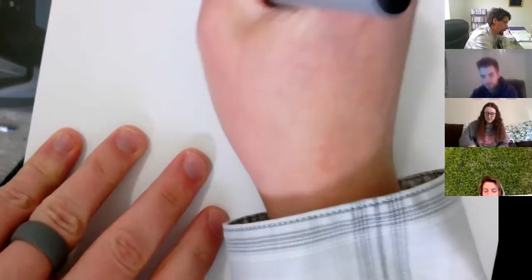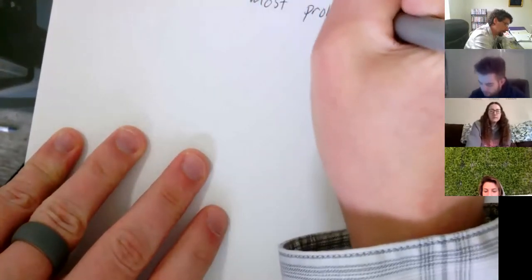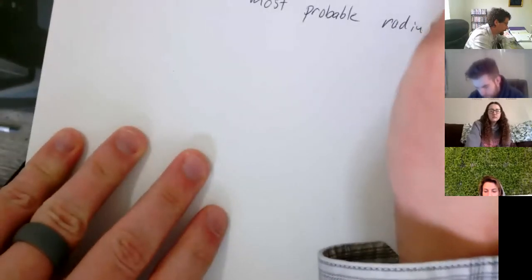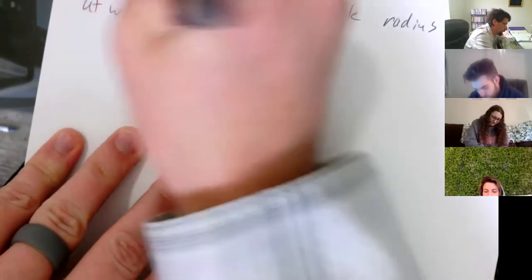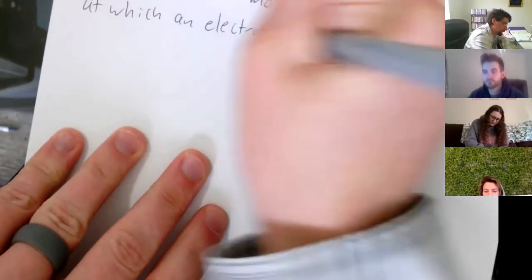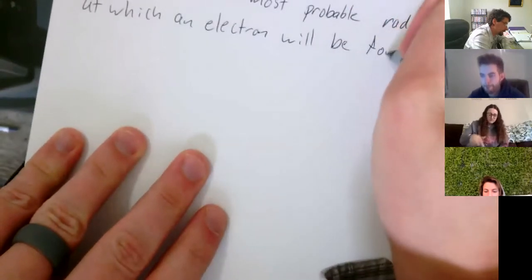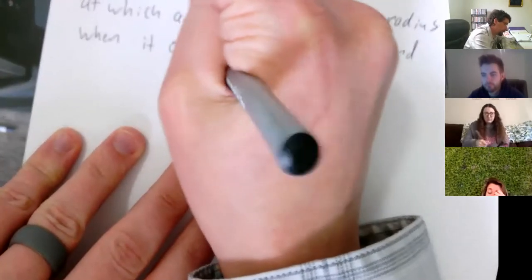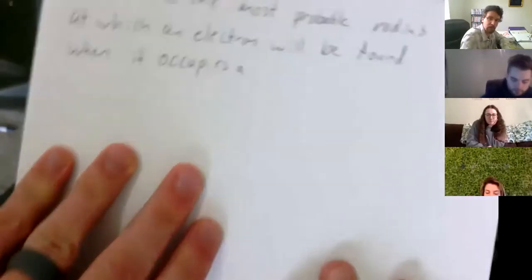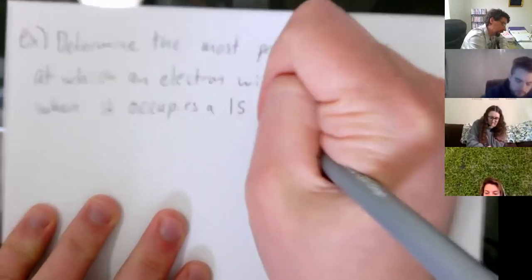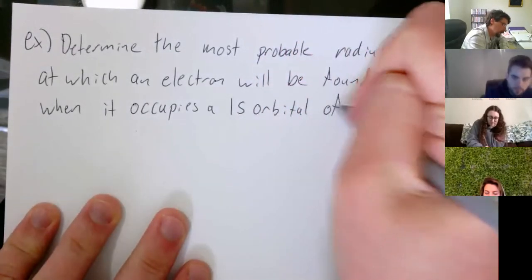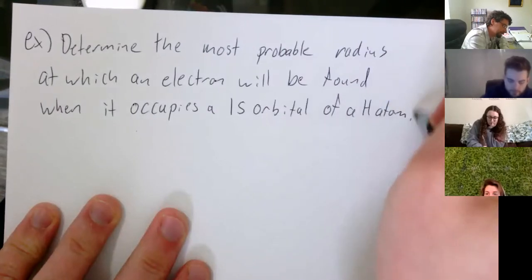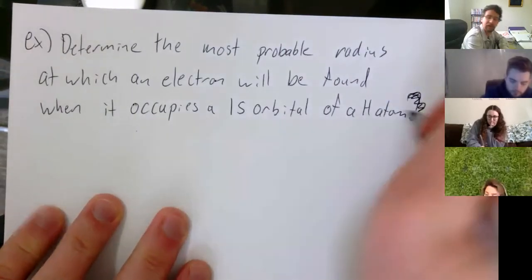So next, what we're going to do: determine the most probable radius at which an electron will be found when it occupies a 1s orbital of an H atom. Oh, not a question, it's just a statement. Do it.